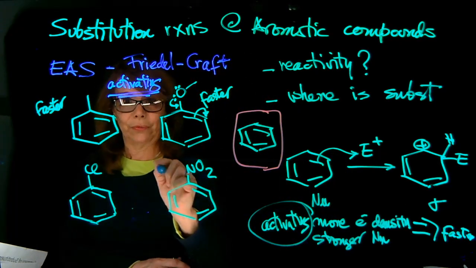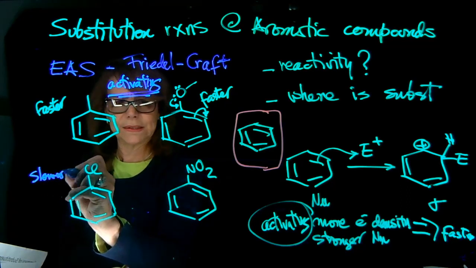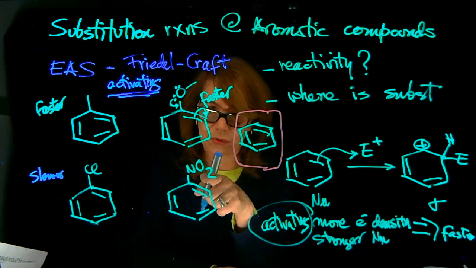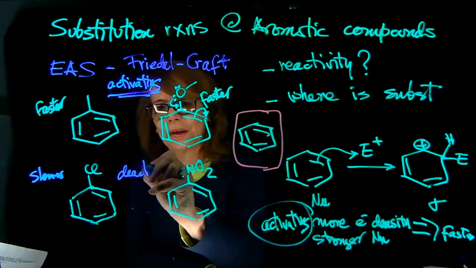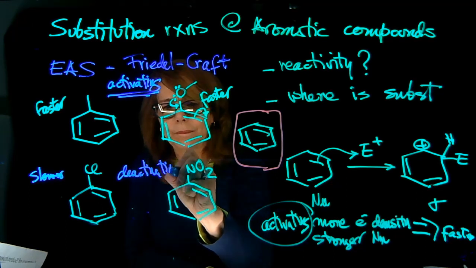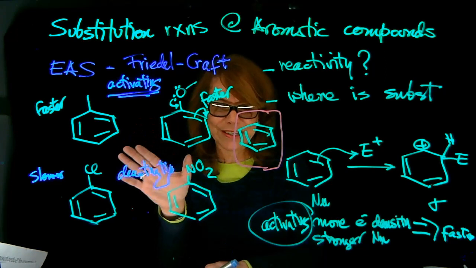These two molecules, both chlorobenzene and nitrobenzene, react slower than benzene. So we say these groups are deactivating.